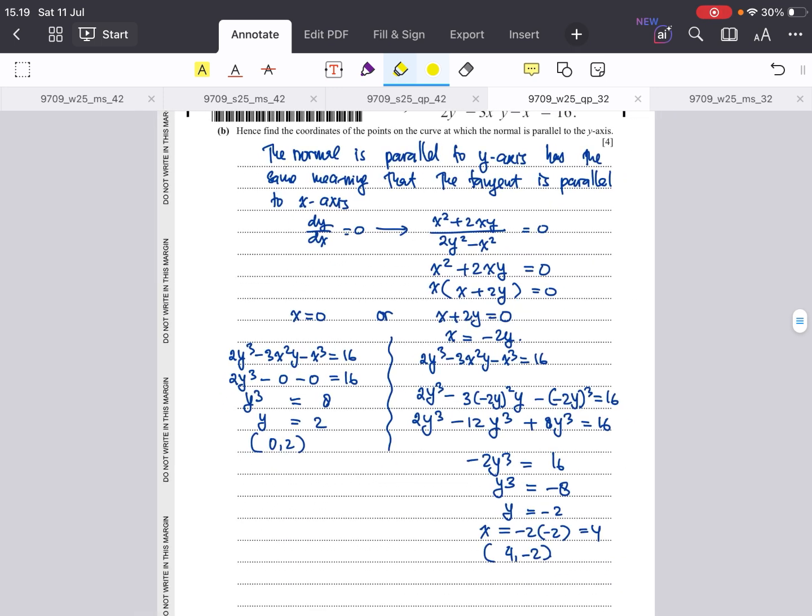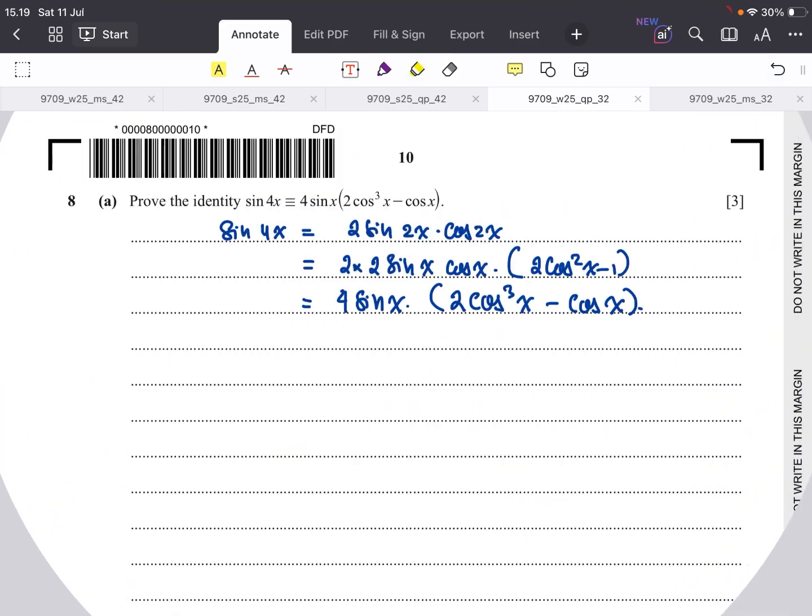Y cubed is negative 8. Y is negative 2. X, we use this equation to find the value of x. X is 4. So the second coordinate is 4, negative 2.